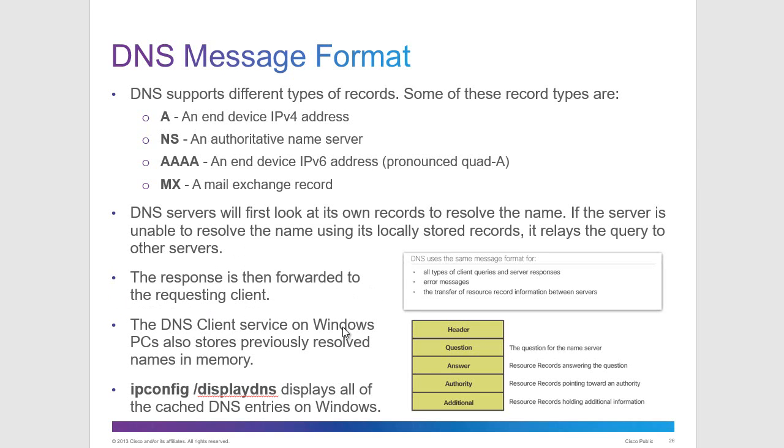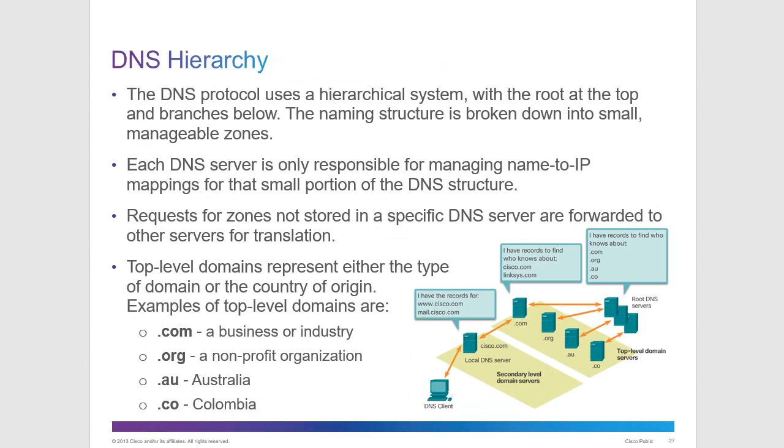The DNS client on a Windows PC also stores previously resolved DNS addresses. If you want to see those DNS entries that are stored on Windows, you can do an ipconfig /displaydns and you'll see all those DNS entries stored on your Windows PC. So if you need to see that, that's what you'll do.